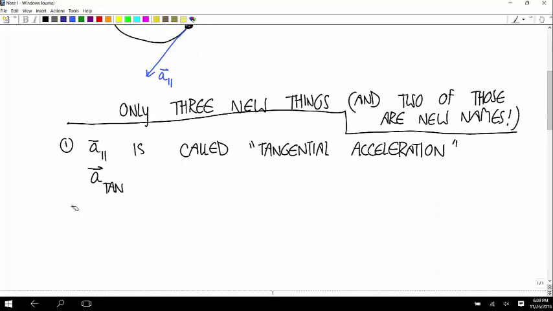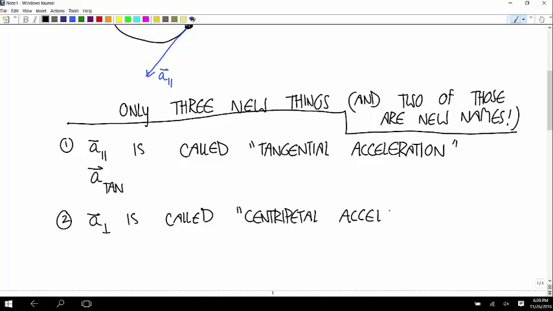And the second new thing is that the perpendicular part of the acceleration has a new name. So a perpendicular is going to be called the centripetal acceleration, and I'm going to write that as a c.